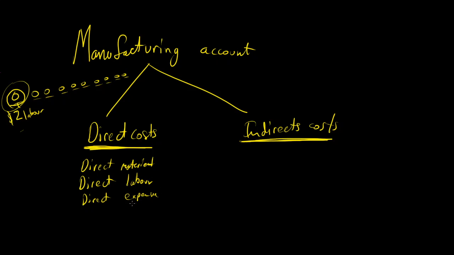Direct expenses usually include royalties. Royalties means, for producing each unit, remember, direct cost means which can be linked with each unit. For producing each unit, you might have to pay some amount of money to the inventor, some amount of royalty.